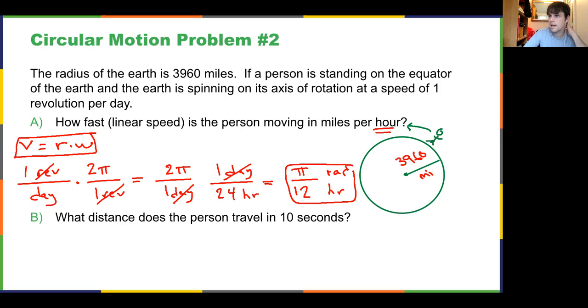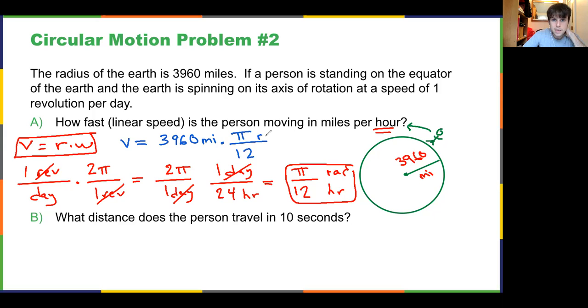So now I can simply use my formula here: linear speed is equal to radius times angular speed. So my linear speed is going to equal my radius, which is 3,960 miles, times pi over 12.